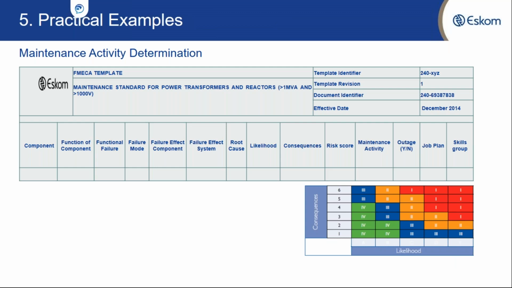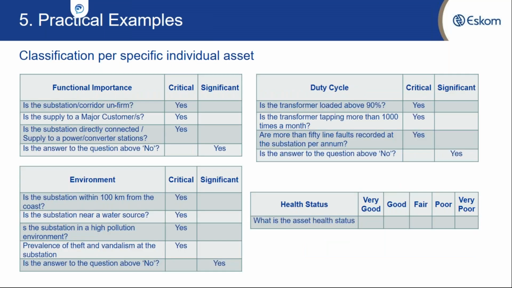Then this is an example of a maintenance template that we have in Eskom, basically showing that we do an FMICA. It's more similar to an RCM, and we have customized it to add other elements such as job plans and skills groups that will be doing the maintenance.